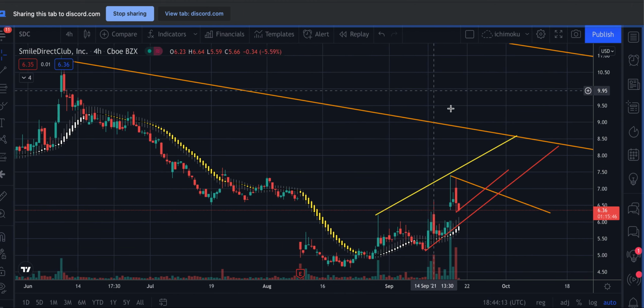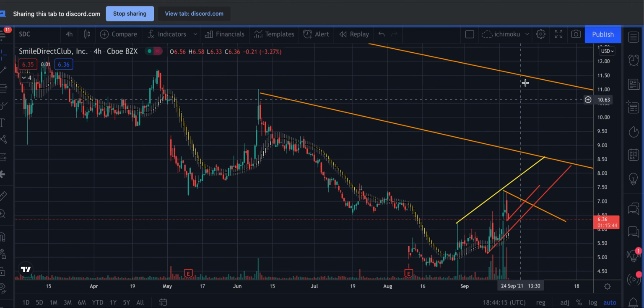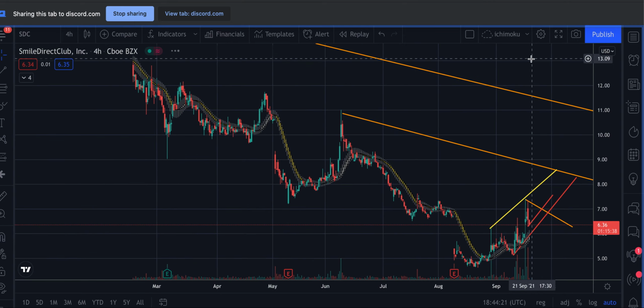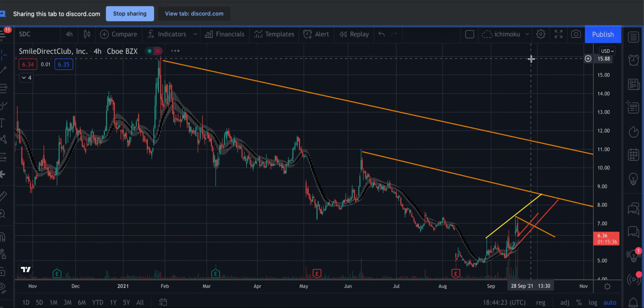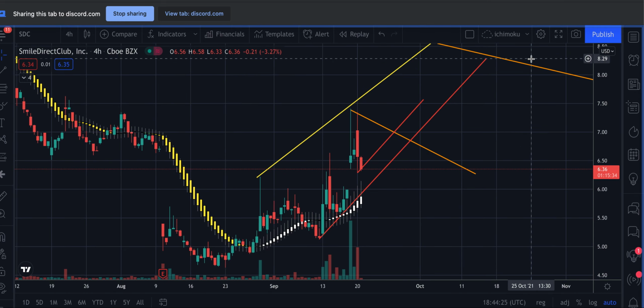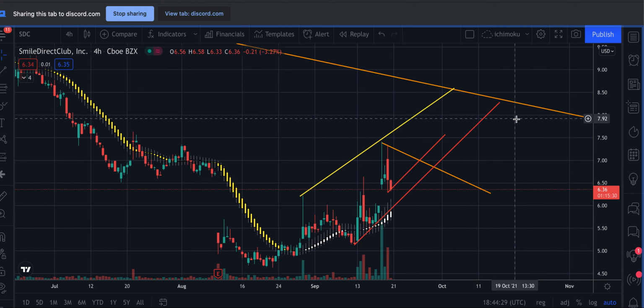If it broke that third resistance, then it would have been all the way up here at 11 something dollars, 11.39, and so on. See that? You guys see it? You guys still there? Yeah. Okay, so that's basically what it was.